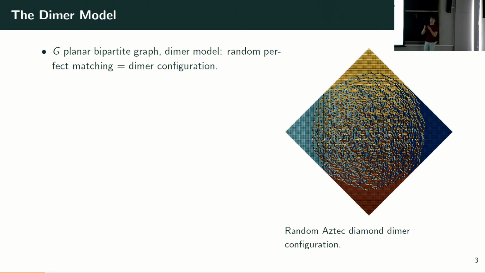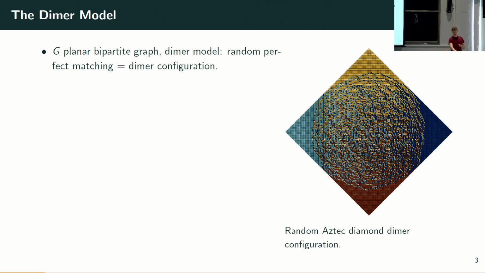You have 2 different kinds of vertical dominoes, one with black on top and one with black on bottom, and you also have 2 types of horizontal dominoes, depending on where the black or white square is. So the colors here indicate just what kind of domino that is. All the dominoes here are vertical, all the dominoes here are vertical, but they're of 2 different types.